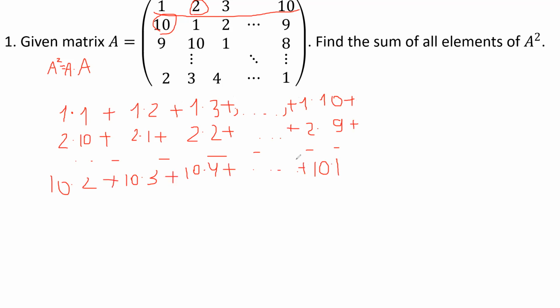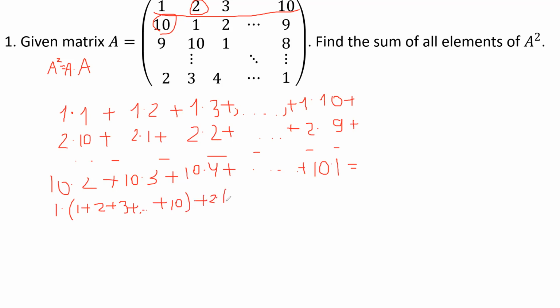We can see that every row here in what I wrote has the same one common number. So if we take this common number, we will have the sum of the first 10 integers.